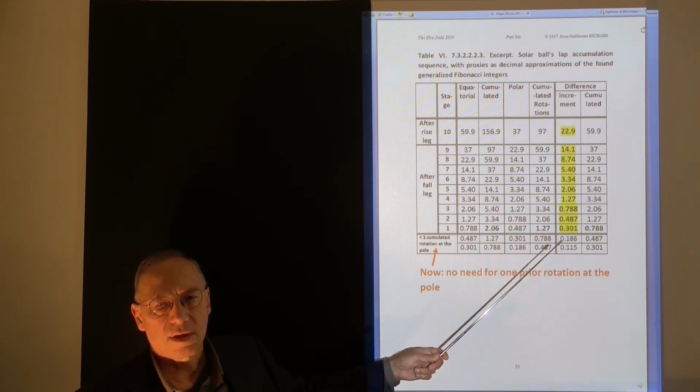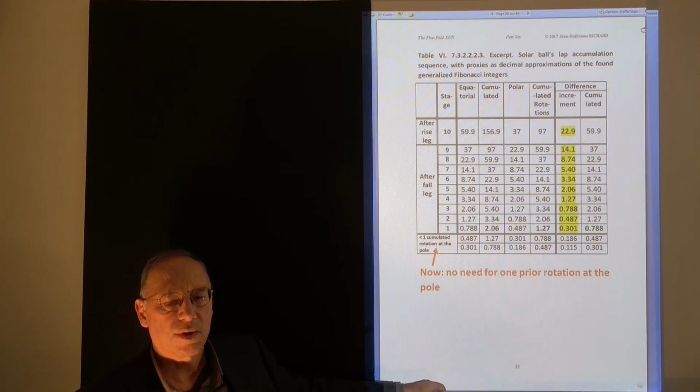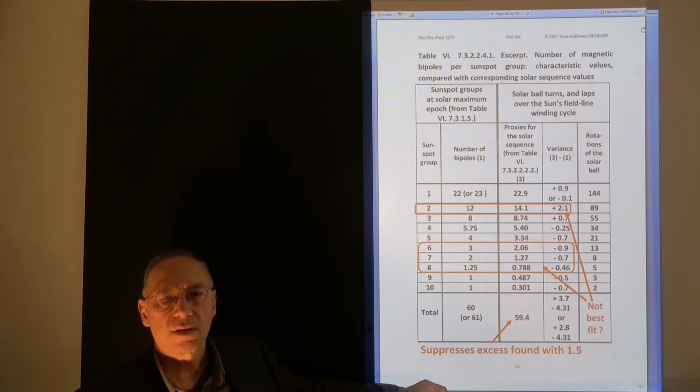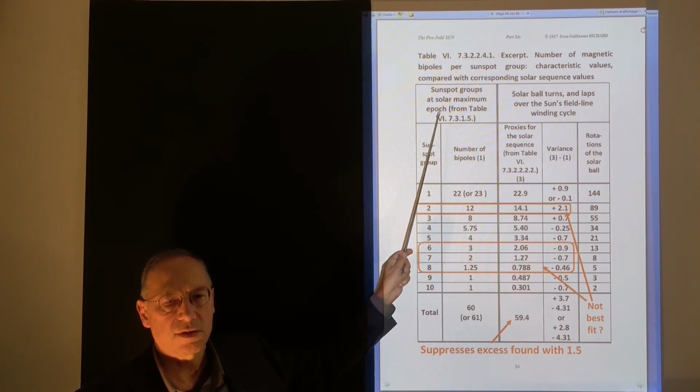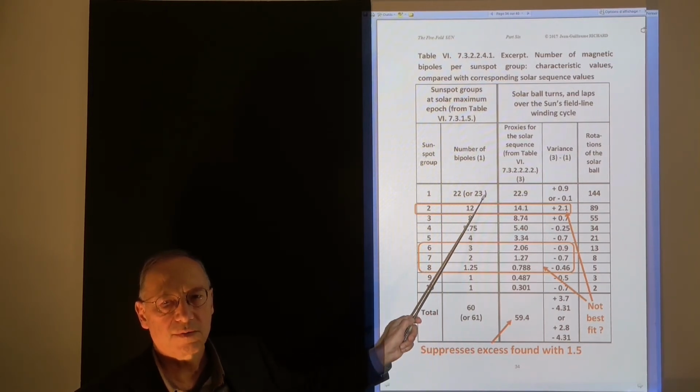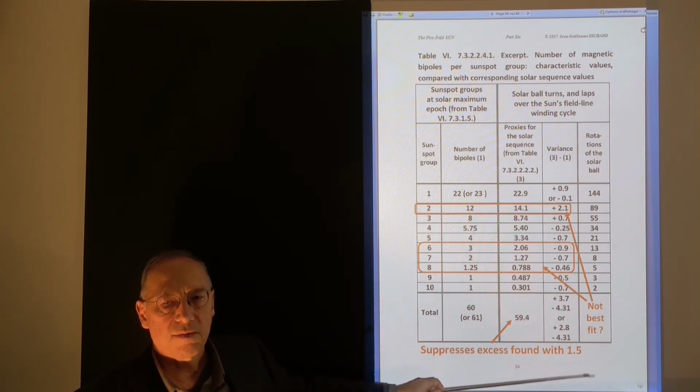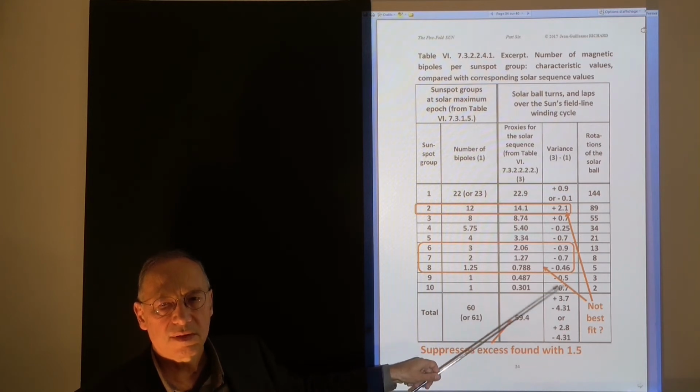Also, here we have figures smaller than 1. We do not need a full rotation at the pole to adjust artificially, arbitrarily, this rule of thumb. Now, if we compare with the characteristic values found from observations for the numbers of B-poles for sunspot groups, we have a better fit compared to a factor 1.5 or compared to the integral numbers of the solar sequence, but still we have several problems.